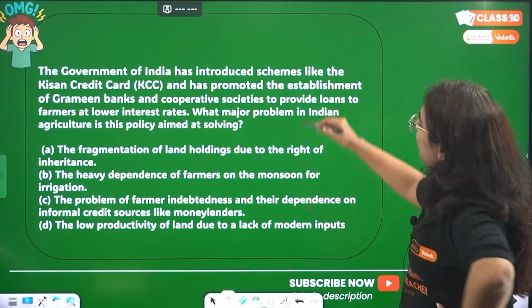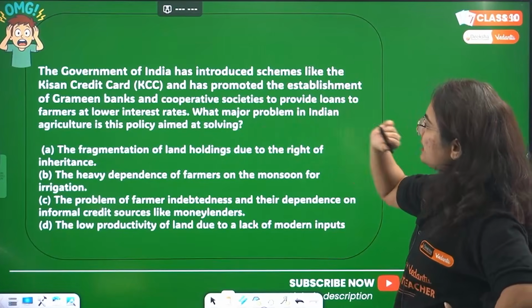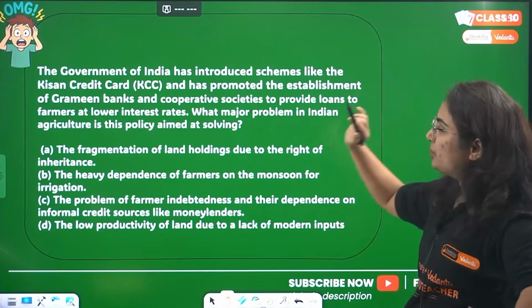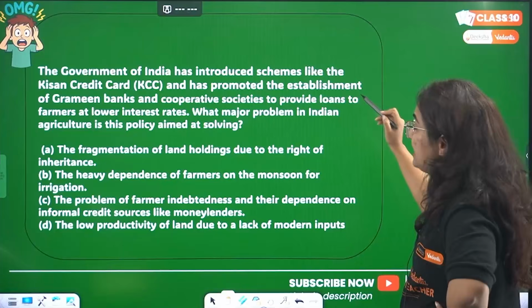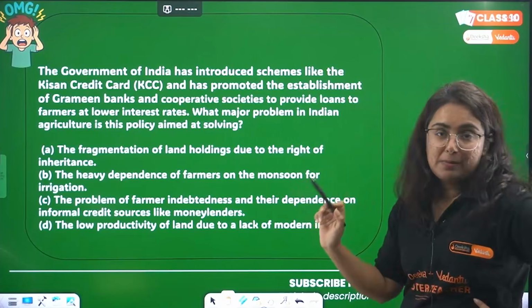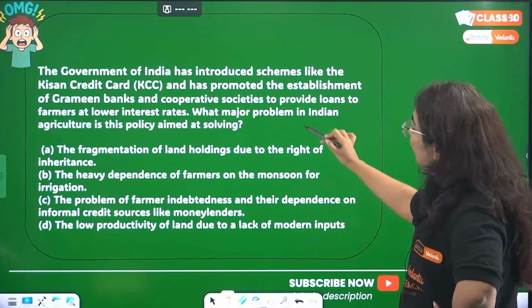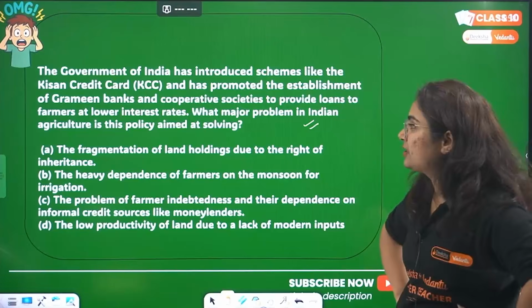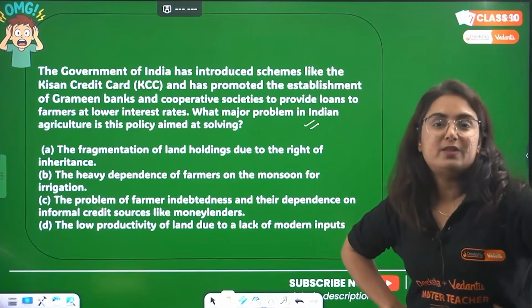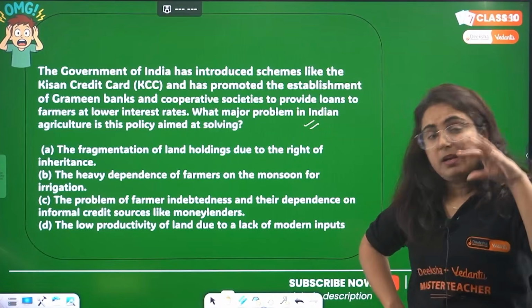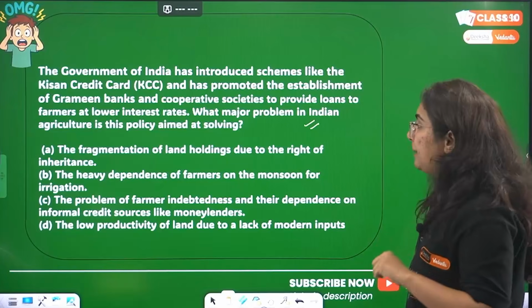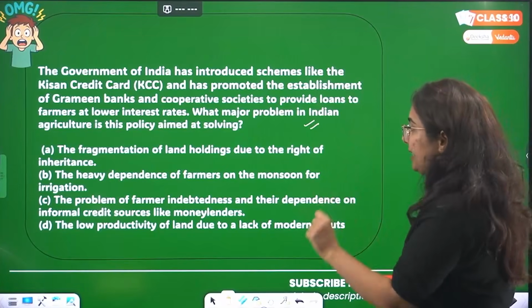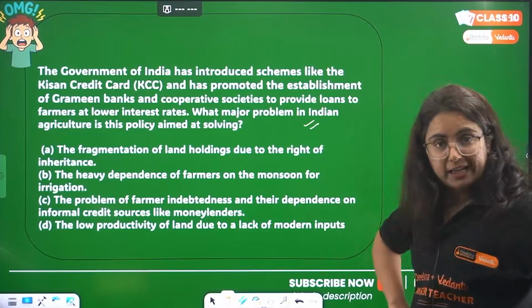The government of India has introduced schemes like Kisan Credit Card and promoted the establishment of Grameen banks and cooperative societies to provide loans to the farmers at low interest rates. What major problem in Indian agriculture is this policy aimed at solving? Option A, the fragmentation of land holdings due to right of inheritance.